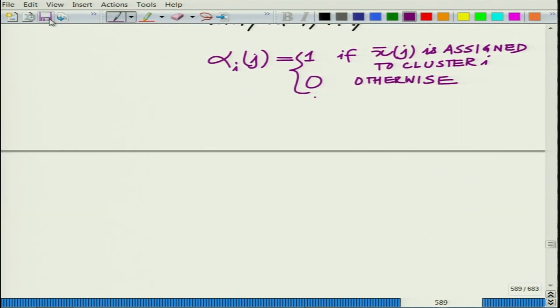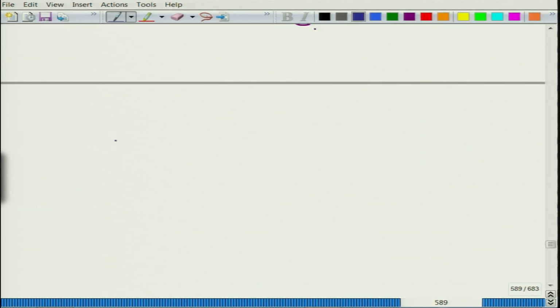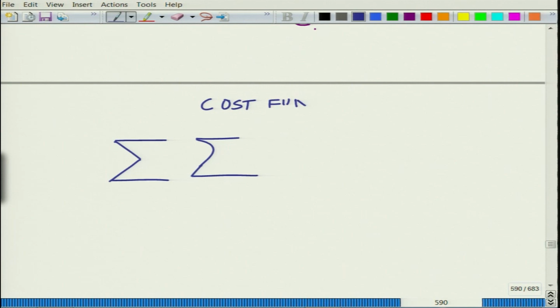Okay. Now, let us look at the cost function that we would like to minimize for this cluster assignment. We would like to find the cluster assignment such that this cost function is minimized. What is the cost function?